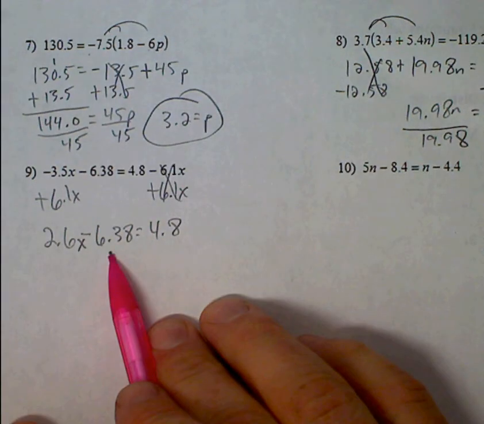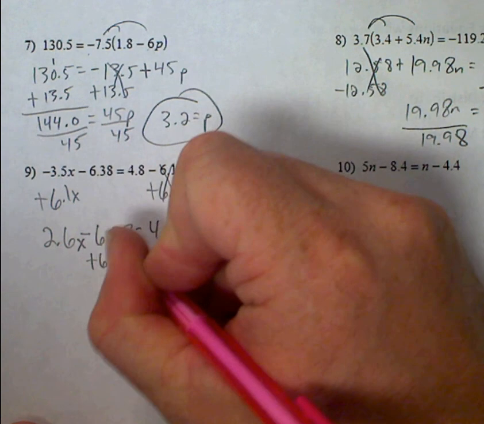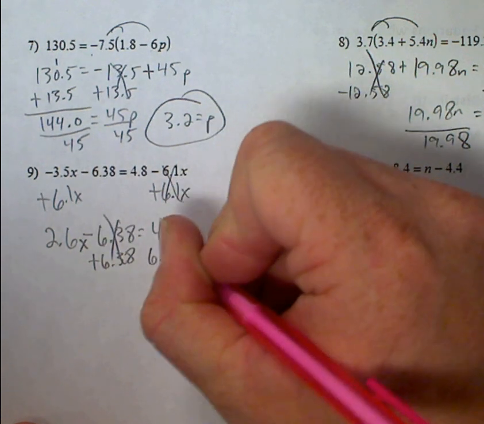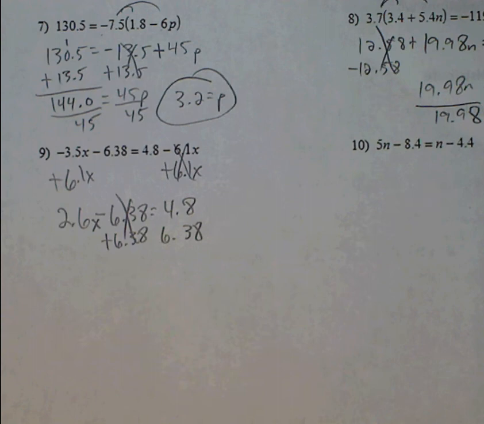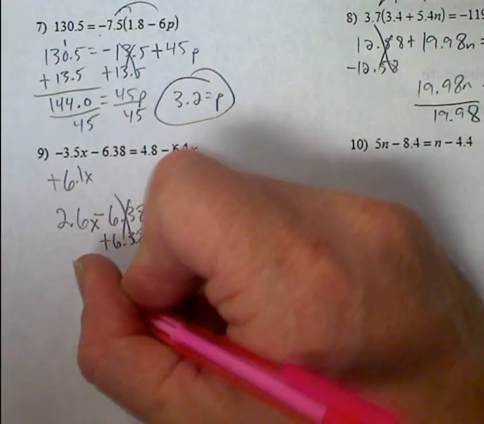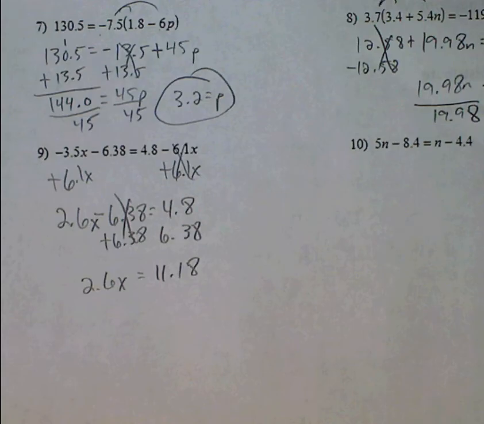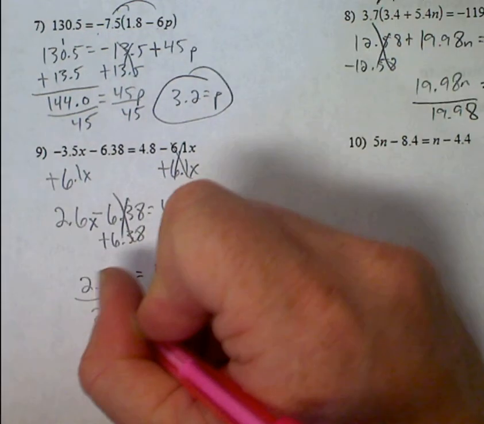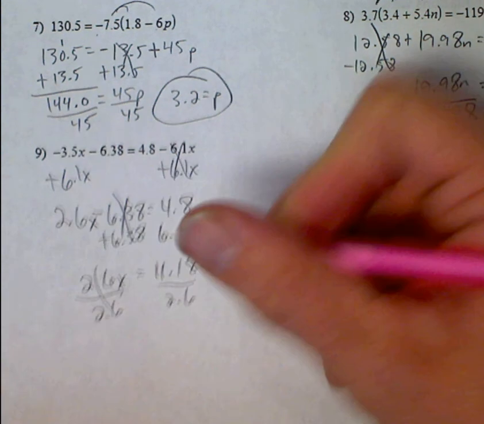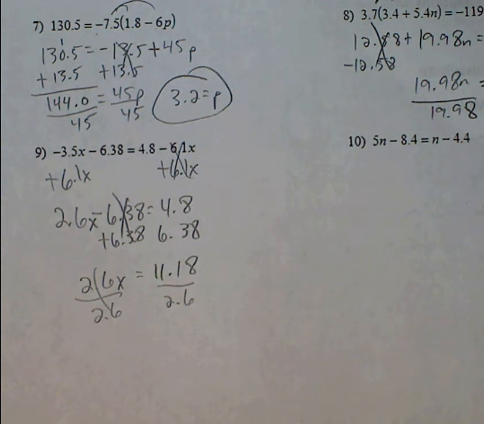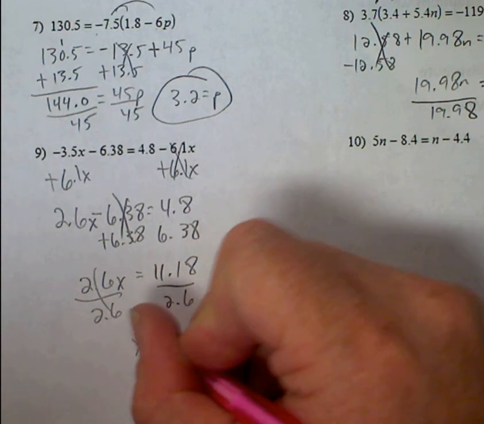I need to get rid of my constant, add 6.38, 6.38, 4.8 plus 6.38, so I get 2.6x equals 11.18. Divide by 2.6, and I get 4.3, so x equals 4.3.